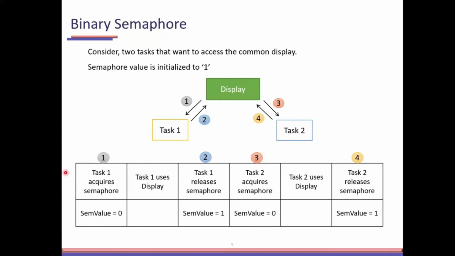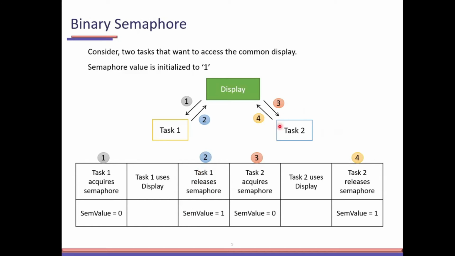On successful acquisition, task 1 uses the display, and on completion, it releases the semaphore. On releasing, the semaphore value becomes 1 again, meaning it is available for the other task.